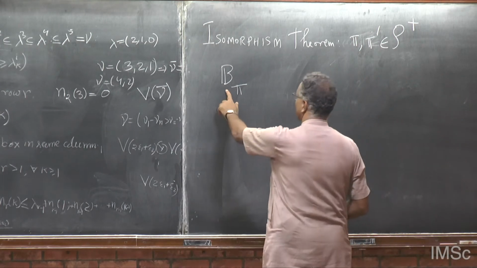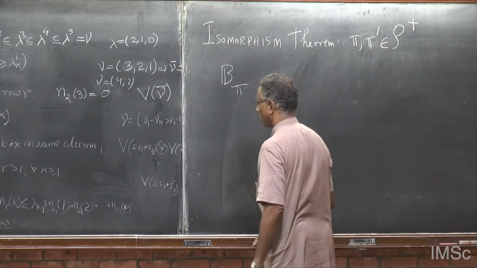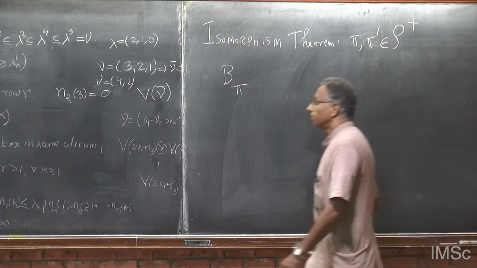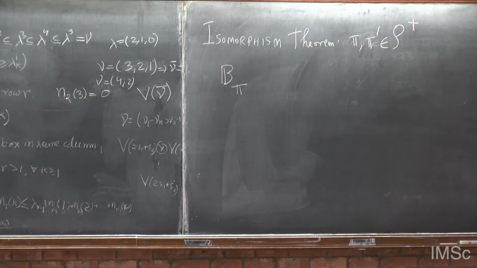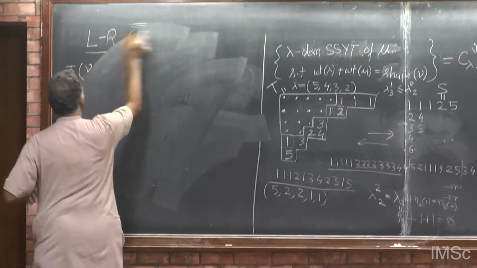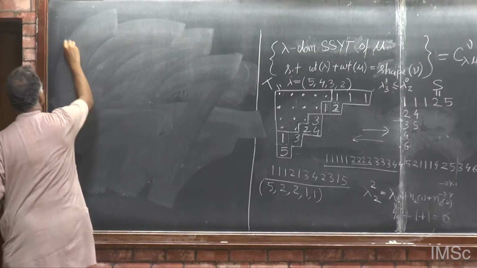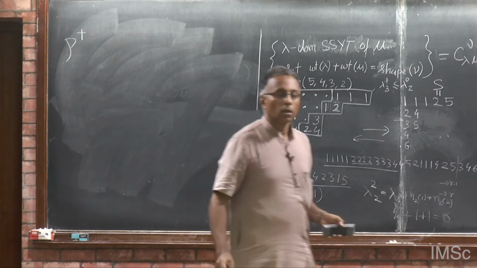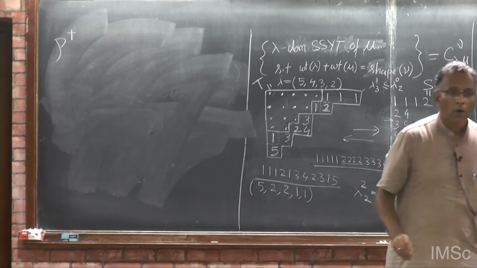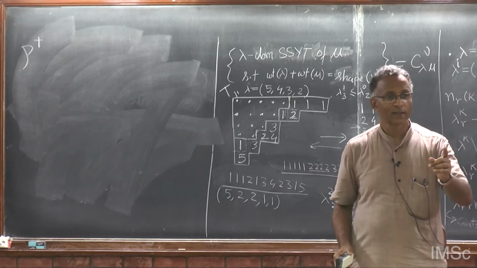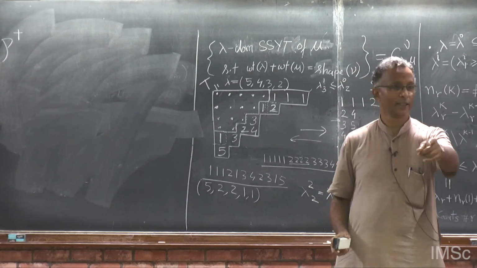This is the colored graph. So let's write out the conventions here. Once again, what is P plus? Can someone please say? All paths whose endpoint is an integral weight.